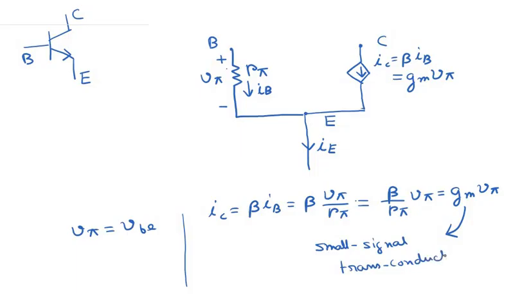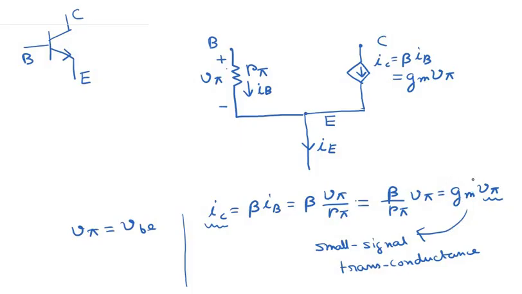Why is this known as transconductance? Because V pi is the small increase in the base to emitter voltage due to the AC signal, but here we have the collector current. So it appears that the AC component of the base to emitter voltage gives rise to the AC component of the collector current through this parameter GM.